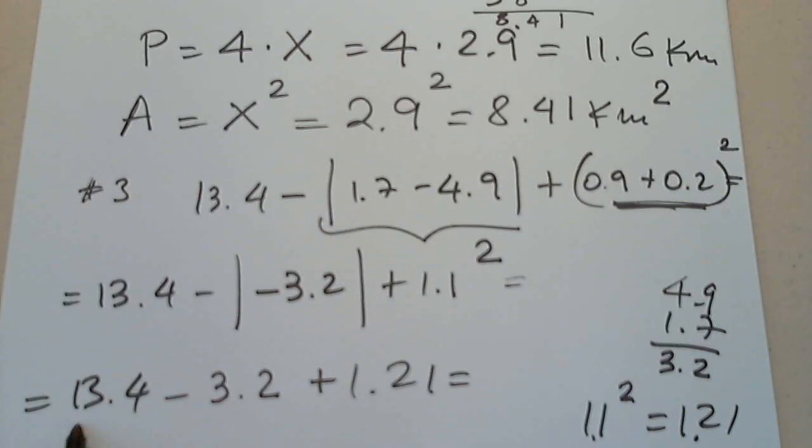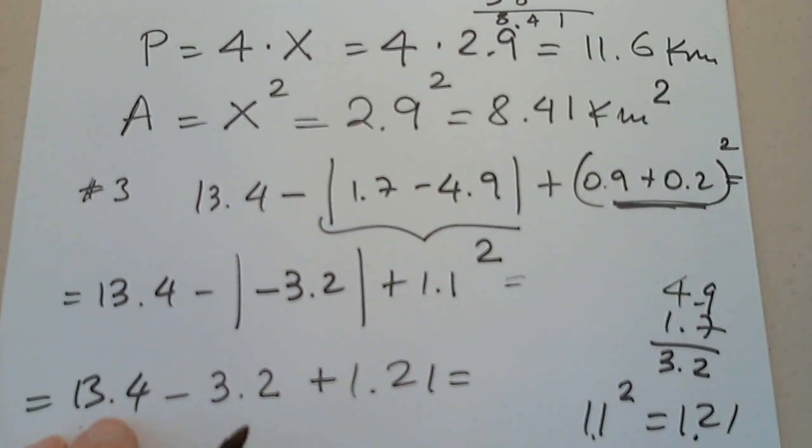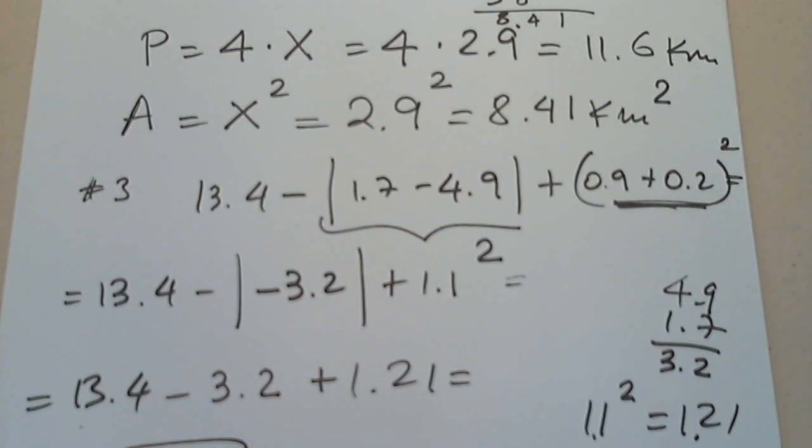Well, 13.4 plus 1.21 is 14.61. But I have to subtract 3.2. Remember when we subtract and add, the decimal point has to line up. So I subtract this, and this is 11.41. And this is the final answer.